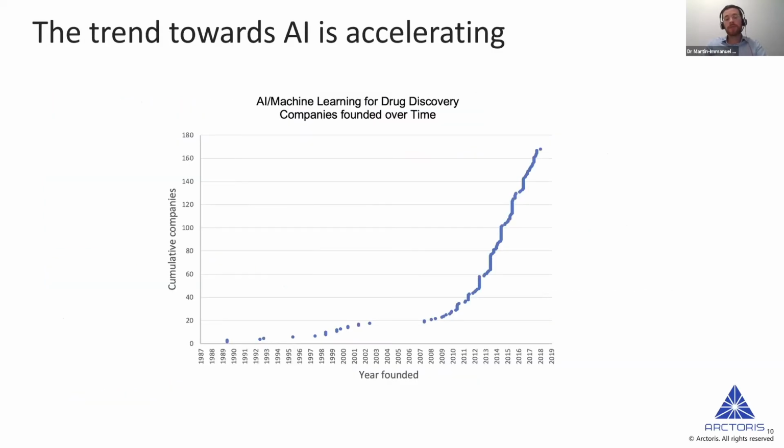At the same time, it's really interesting to note that this trend towards AI is accelerating. This tracks the number of AI drug discovery and AI machine learning companies founded over the past few years, where we can see a very steep rise. This is incredibly interesting because AI, as we all know, has evolved in various phases, and right now we're seeing a tremendous interest in applying AI and machine learning tools within drug discovery, and more and more companies doing that.